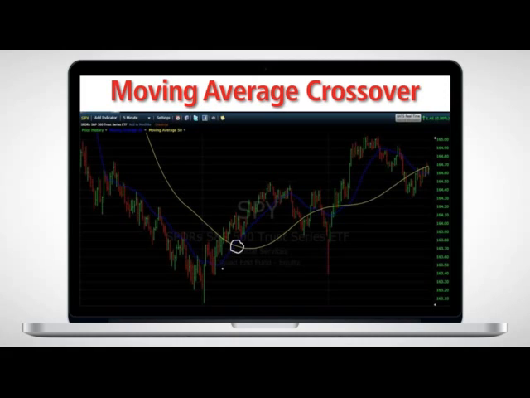But here, we're looking at around the same point as we were looking at on the previous example. So here's that point where we had the indication that the asset was going to turn around and go higher based on the asset crossing the 20-period moving average. Now here we have the 20-period moving average crossing over the 50-period moving average.